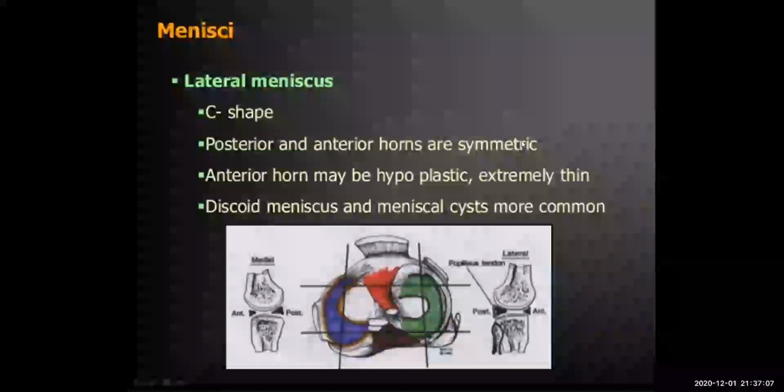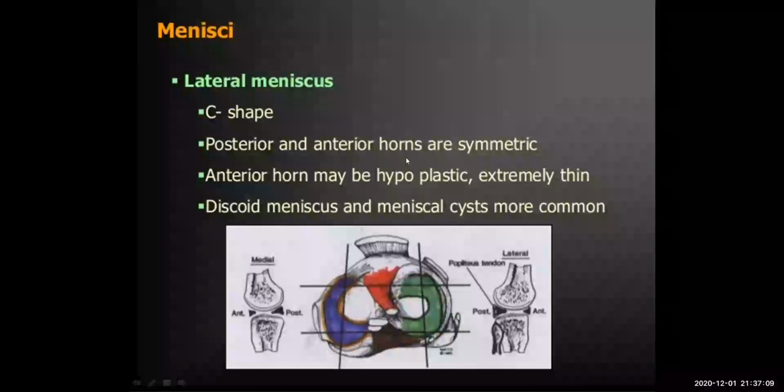Let's go to the lateral meniscus. Compared with the medial one, it's C-shaped, a uniform disc from posterior to anterior with the same thickness and size, so the posterior horn more or less mimics the anterior horn. Sometimes it might be hypoplastic. Some developmental problems happen to the lateral meniscus more than the medial meniscus.